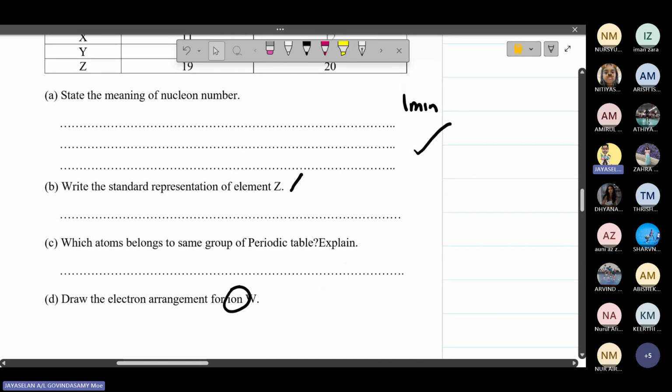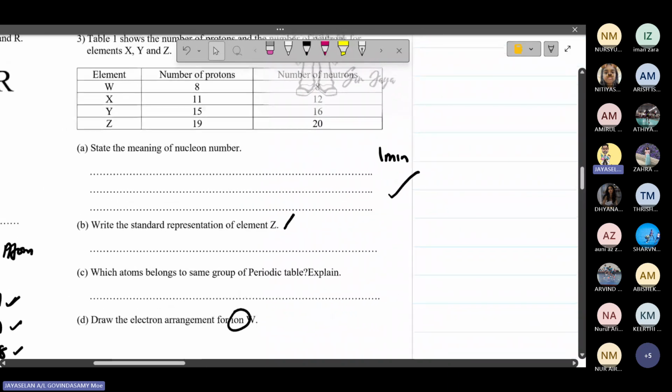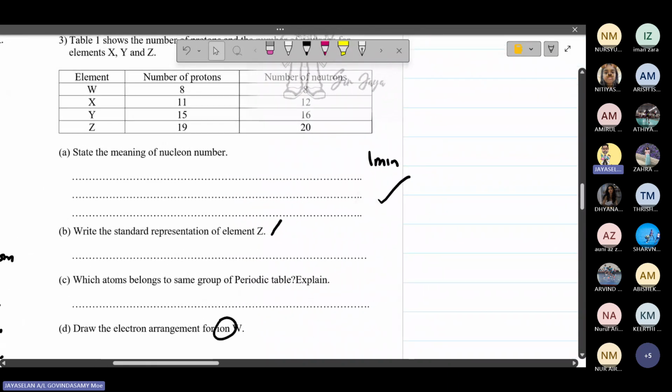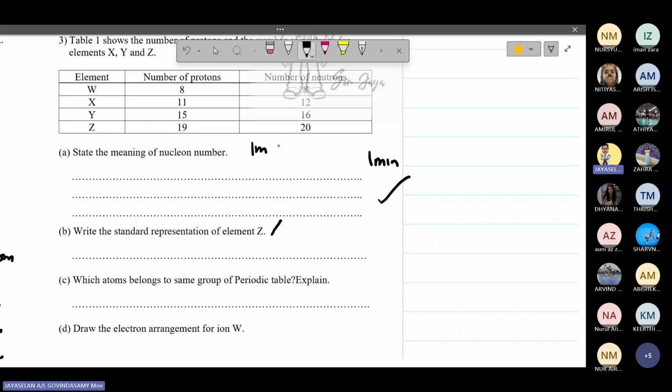Okay, question B done. Which of the following elements belongs to the same group? Explain your answer, 2 marks. Okay, this is 1 mark, 1 mark, 2 marks. Okay, ini pun 2 markah.